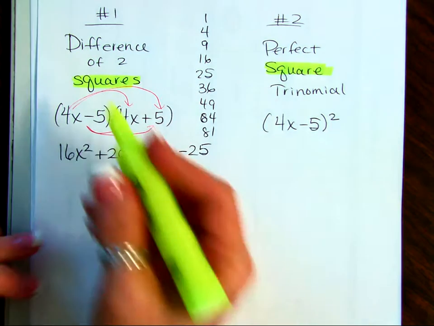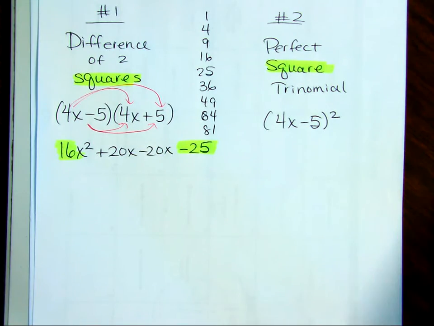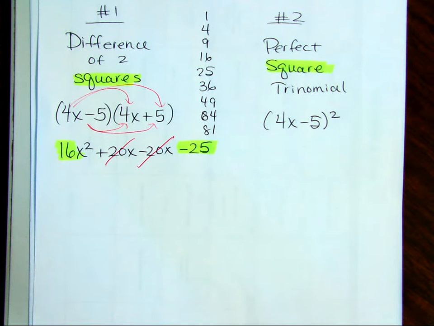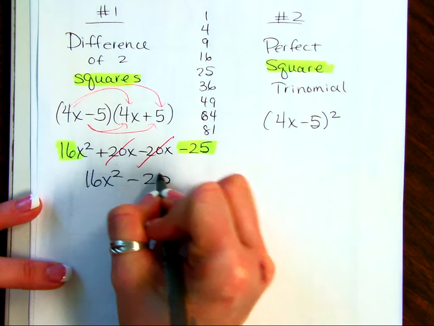So you can see both of those square numbers right there. You see that your two middle terms cancel in difference because when the signs are different and the numbers are the same, they're 0. So your final answer for this is just 16x squared minus 25.